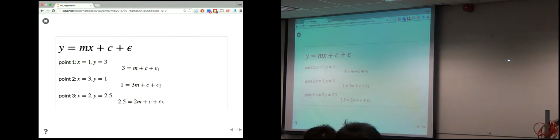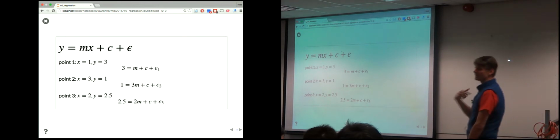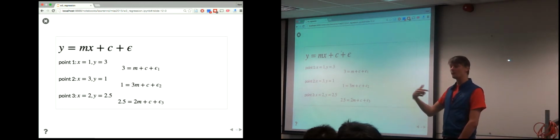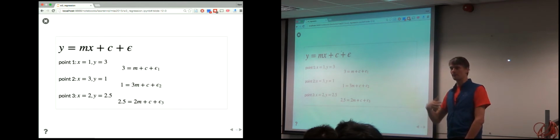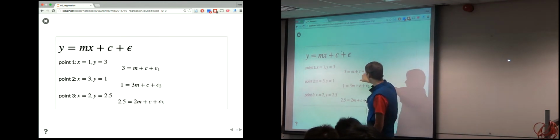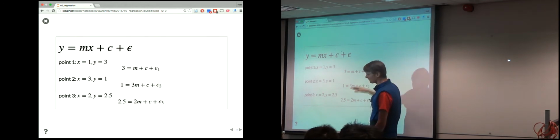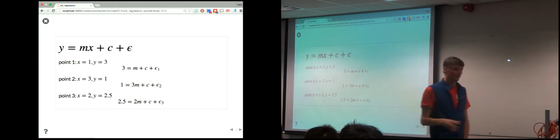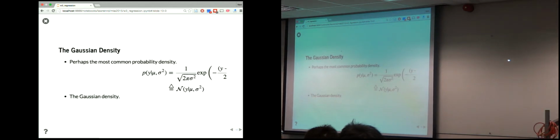So you say that unobserved latent variable represents the difference between what we observe, what our model says, and what the real world produces. The real world produces something different from our model. So our model is saying this, and then this is the corruption that comes from the mismatch between our model and the real world. And the way we deal with that corruption is as a probability distribution.